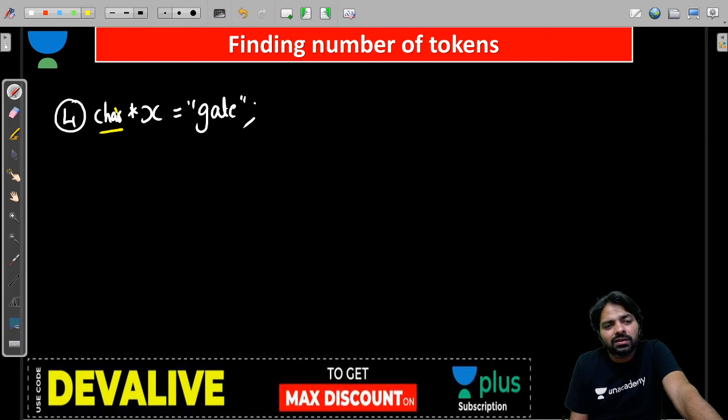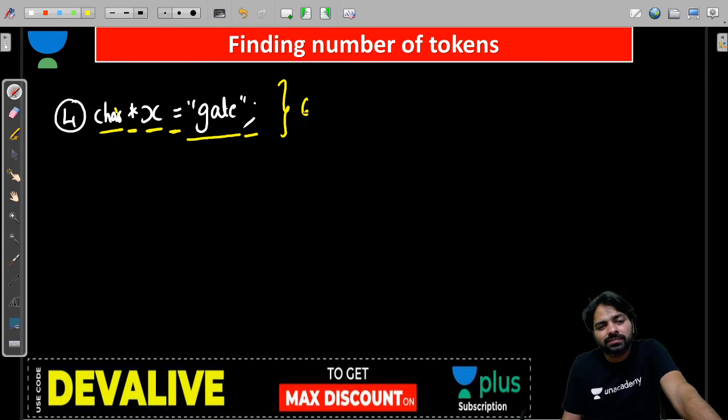Char is a keyword, star is an operator, x is an identifier, equal is an operator, this is the constant, and semicolon. Right? How many? 6 tokens. Here, this entire string constant is one token.